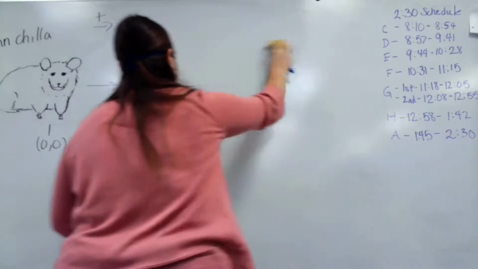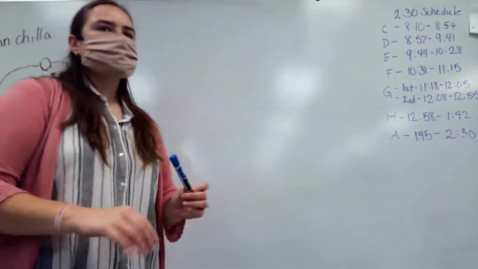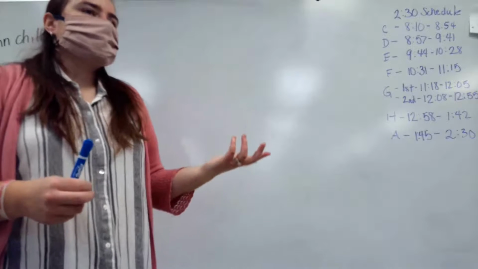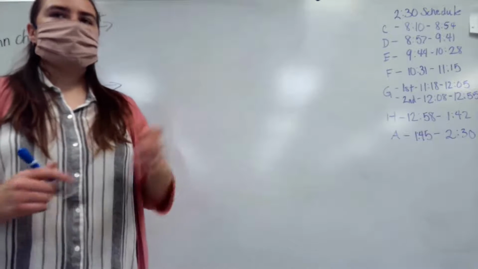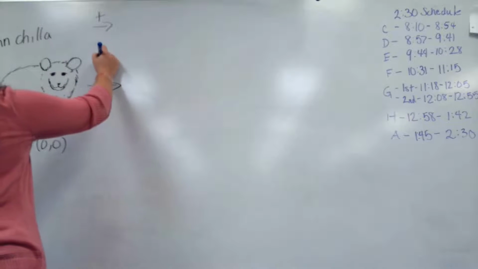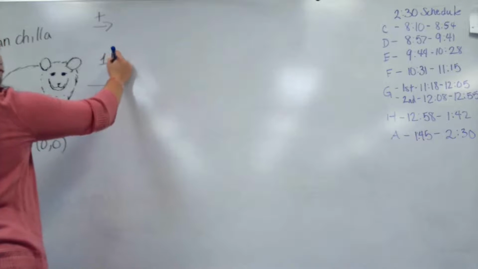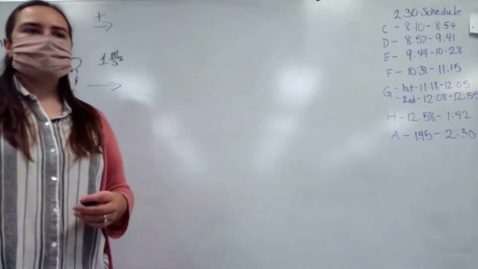All right, so this time we're going to be looking for our delta t. I'm not going to do the final minus initial thing because most of the time we're looking for how long we want this acceleration to get to this velocity. Okay, so let's say our chinchilla is going a little bit slower now. Let's say that he's got an acceleration, sorry, of 1 meter per second squared. So he's definitely not at his max acceleration.